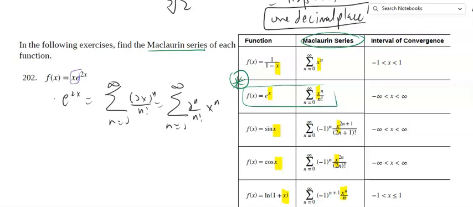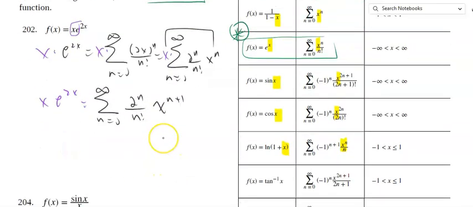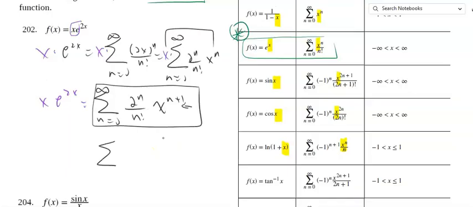Now, if I multiply that by x, I'll get x e to the 2x equal the series n equals 0 to infinity, 2 to the n over n factorial x to the n plus 1. Now, the author sometimes accepts that. In general, if you can fix that to be x to the n, you must.